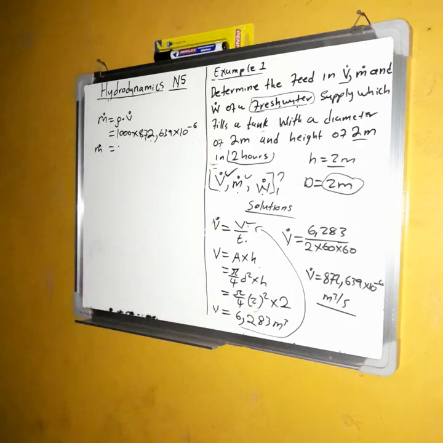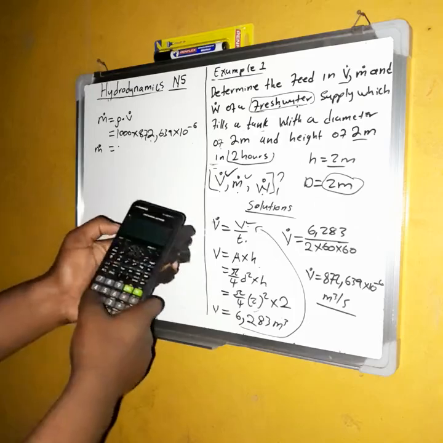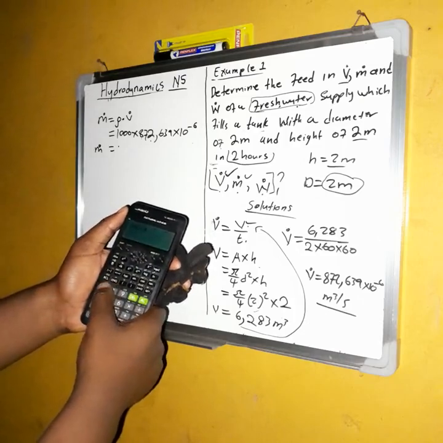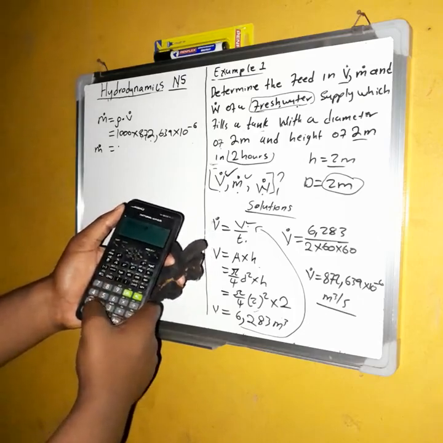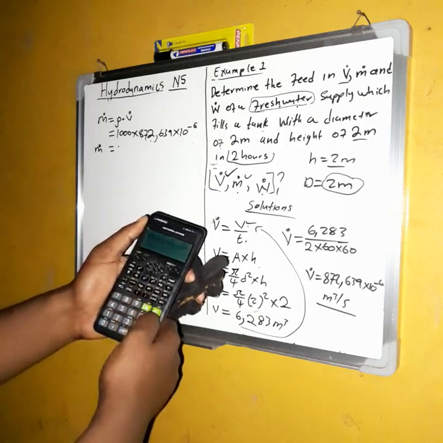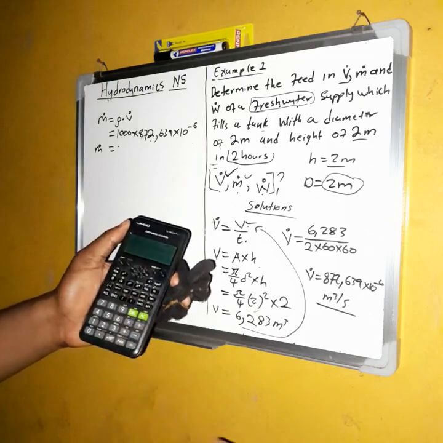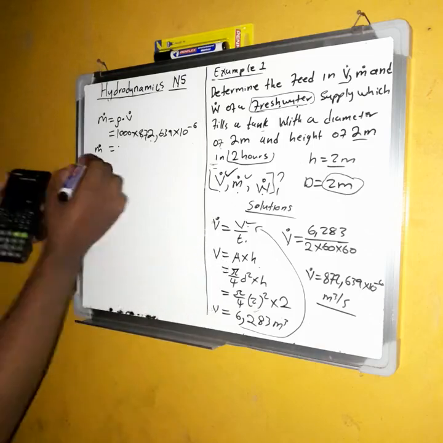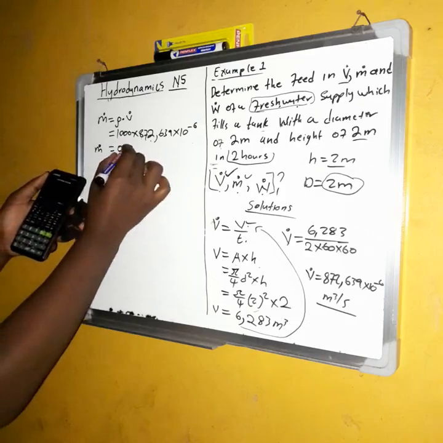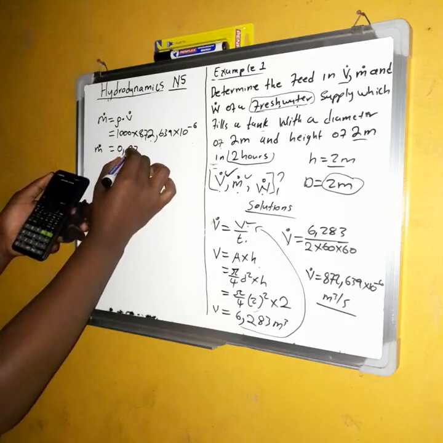So if I punch mine, 1000 multiplied by 872,639 times 10 to the negative 6. You see, I got 0.87.